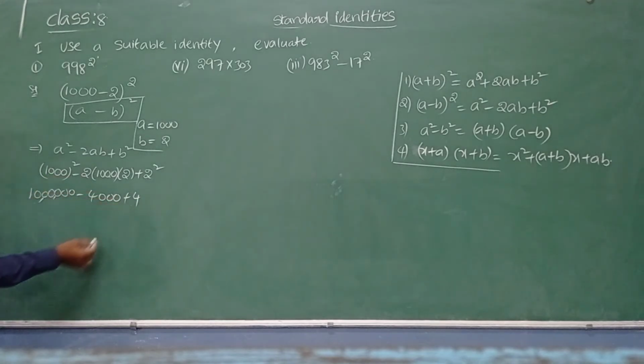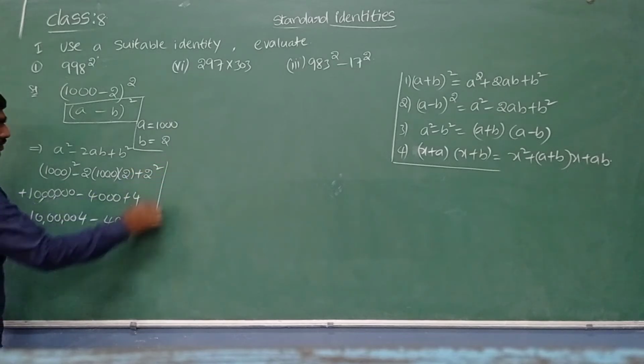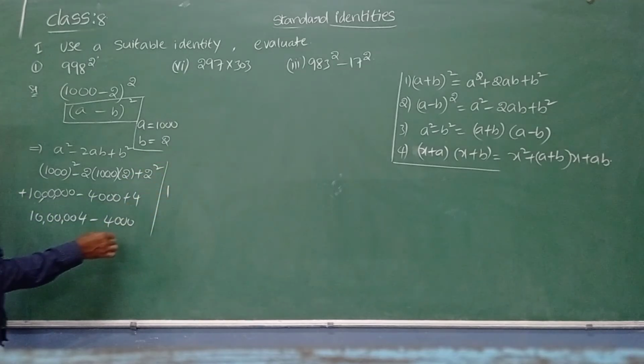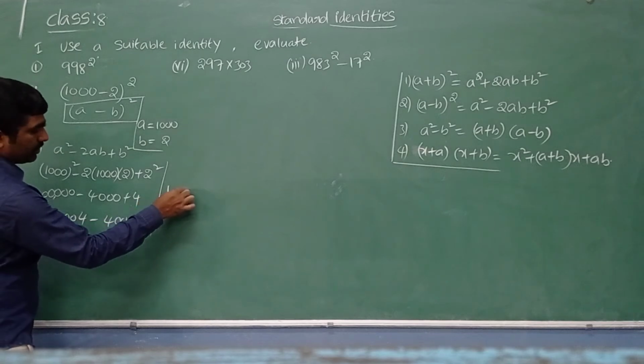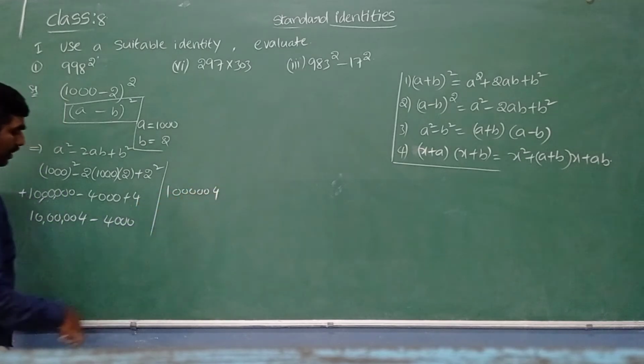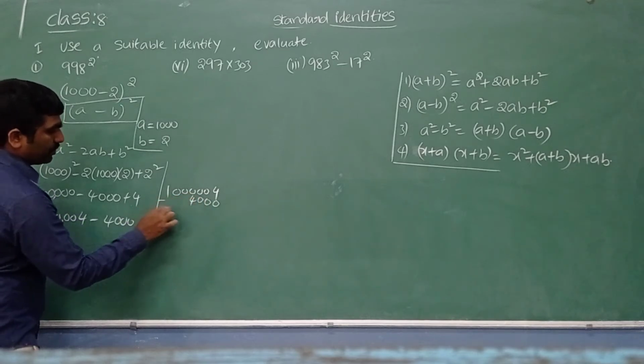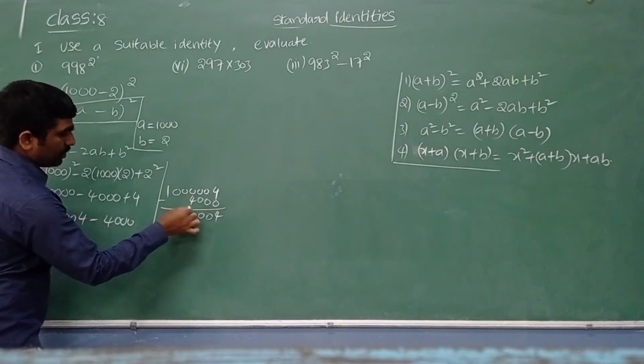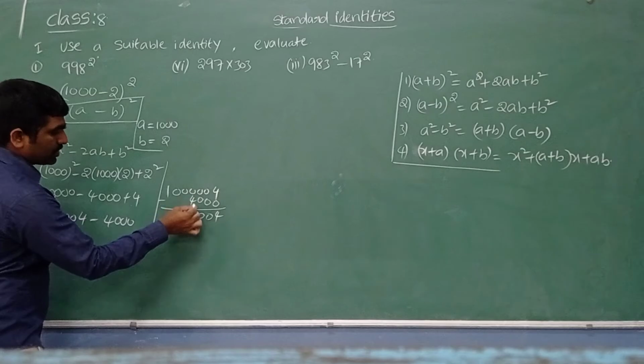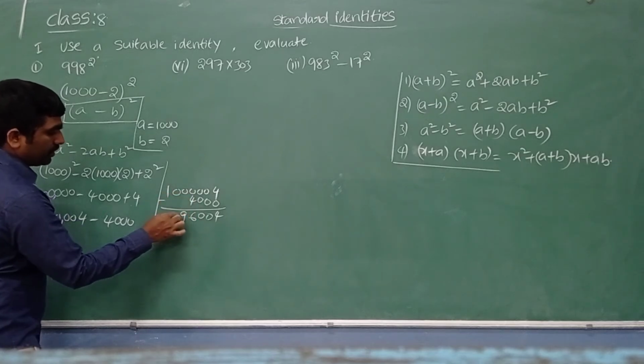Now all this we can simplify here. How can I simplify? First we will add these two: 10 lakh 4. Yes, how much is it? 10 lakh 4 minus 4000. Subtract these two if you want. Yes, 10 lakh 4 minus how much? 4000. We will borrow from here. 10 minus 4 is 6, and here 9, 9.